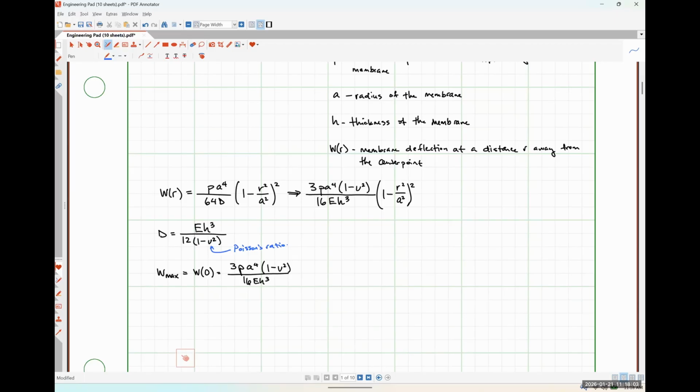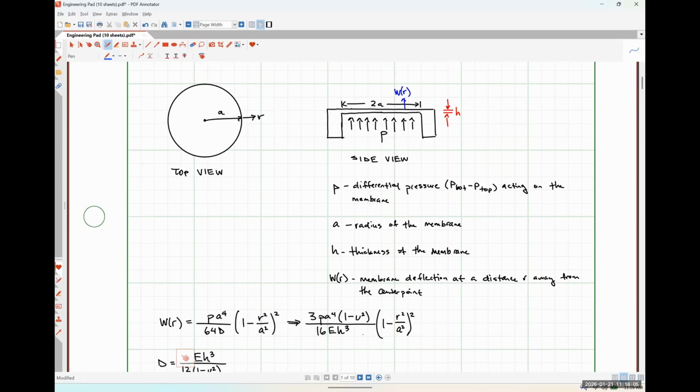So let's look back up here, right? As this membrane deflects upwards, what we're going to see is that in the region closest to the anchor point, this guy is going to stretch, so that's going to be in tensile, and this guy is going to be in compressive, but they're going to be equal and opposite.